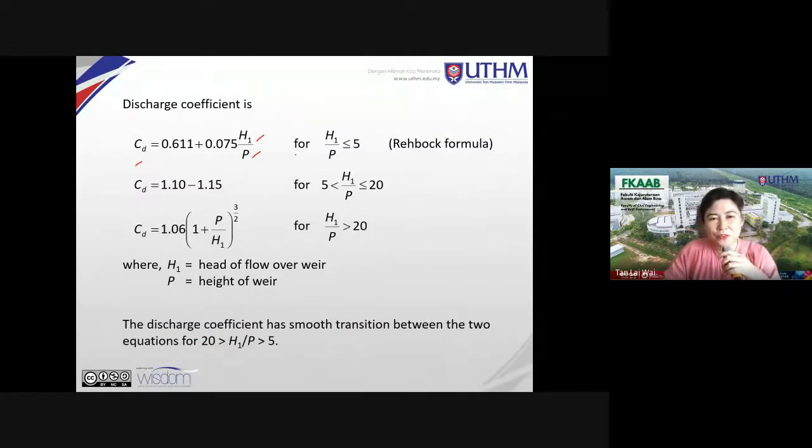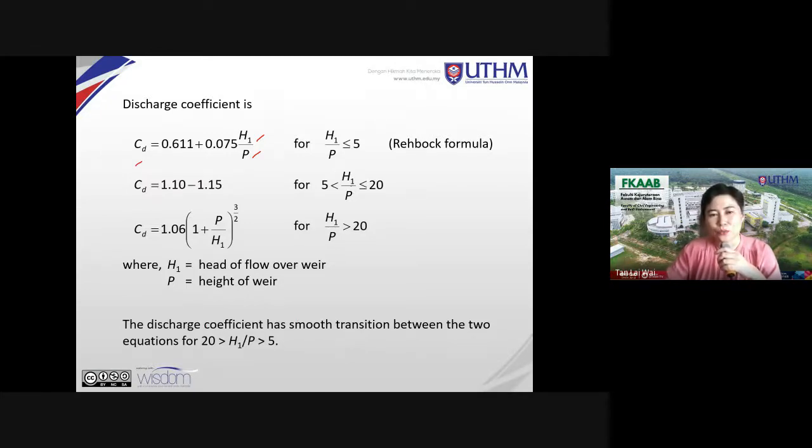So you have the Rehbock formula, which is based on the ratio of H1 over P. Depending on which range your H1 over P is in, you have a certain discharge coefficient you can use. For this case, when the ratio of H1 over P is between 5 and 20, the CD has a smooth transition.